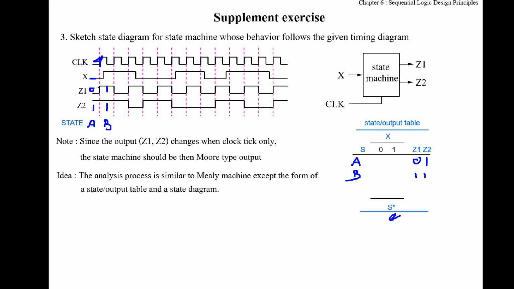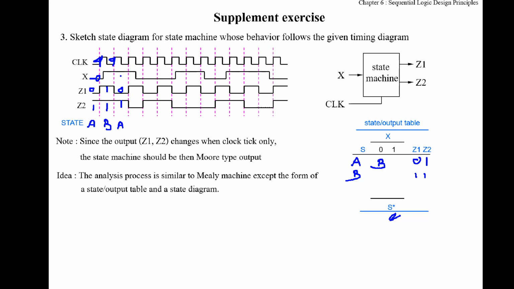That means when clock ticks and X is 0, change A to B. Then when clock ticks and the output is 0 1, it can be state A, right? If you can use a previous state that is already defined, you should use it, to reduce the number of states.